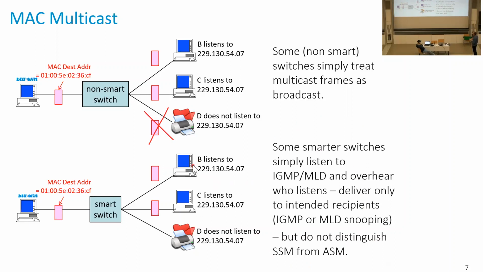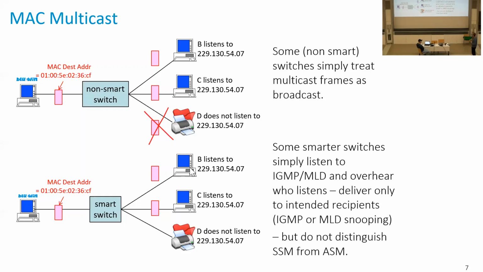Well, I know it because B has issued an IGMP or an MLD message saying, I want to join this group. This is an IP layer message. Normally, a switch doesn't look at the IP layer messages, and the 30-franc switch from Migros will not look at it. It looks only at the MAC addresses, does the spanning tree stuff, learns from addresses in the source MAC addresses and so on, but doesn't look at the content.